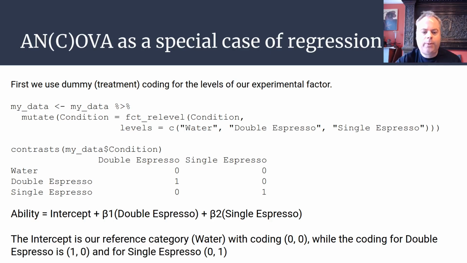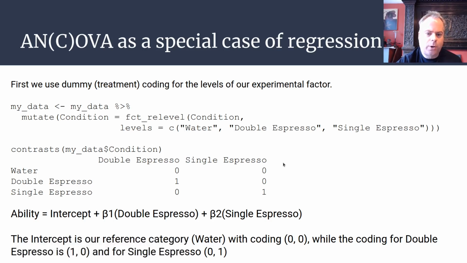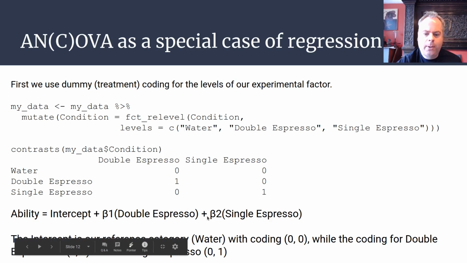So for the intercept, using this coding, we put 0 here and 0 here, which will basically mean that our motor ability is equal to our intercept for our water condition. Our motor ability for our double espresso condition will equal our intercept plus, the coding is 1 here, so 1 times our coefficient beta 1 that we need to calculate, plus 0 here, because the coding for our double espresso group has 0 coded here, okay?